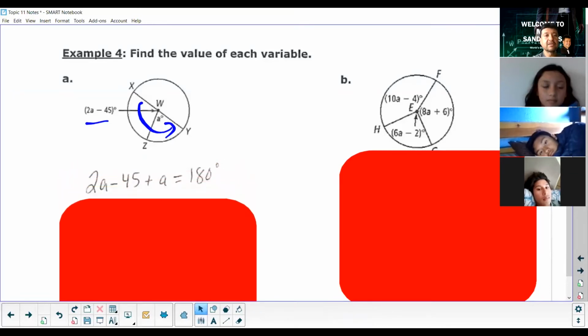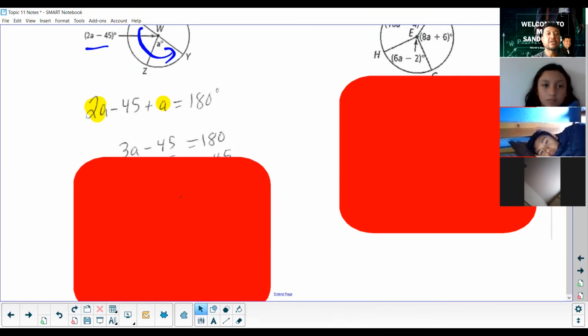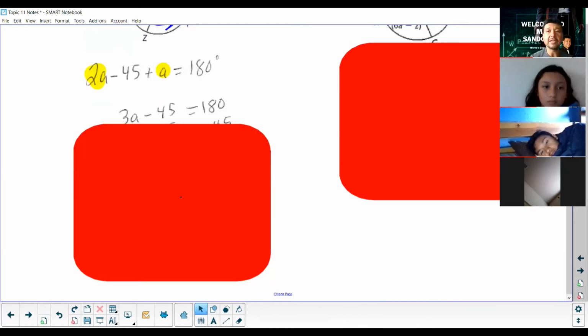You see how it says 2a minus 45 plus a equals 180? Now, we have the benefit that you see how this one and this one are the same? There are a's in both. We're going to combine those together. So as a result, you're going to get the solution 3a minus 45 equals 180.